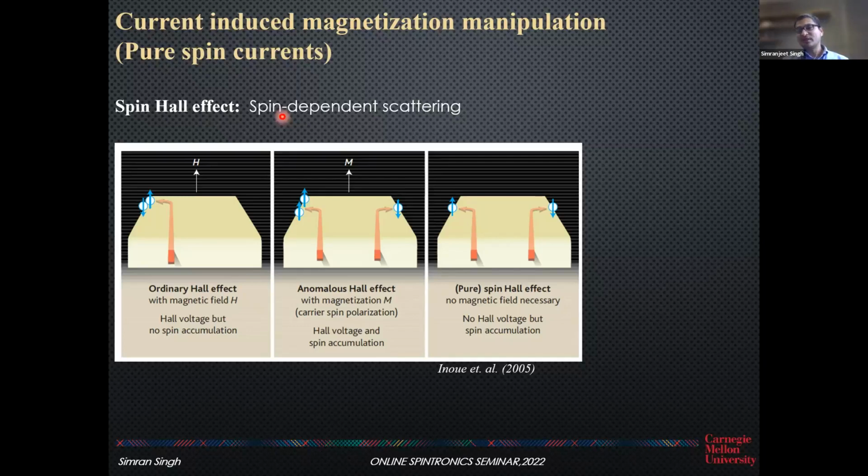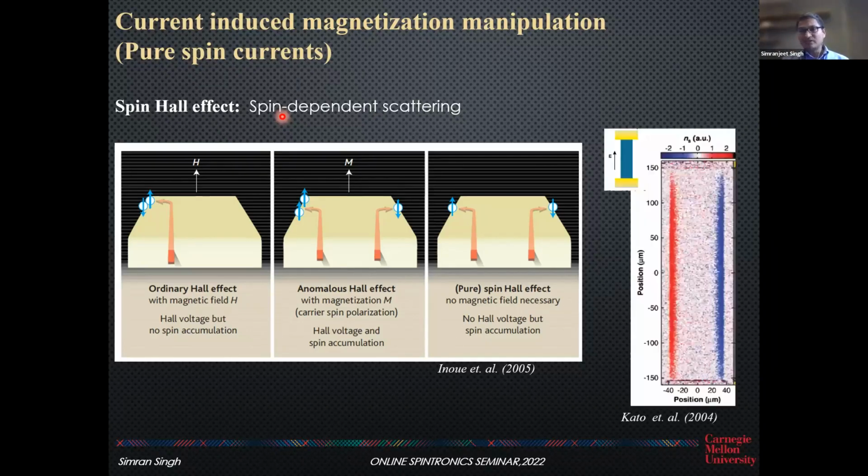That leads to filtering of spin up and spin down charge carriers. This phenomenon was observed experimentally a long time ago, and in the field of spintronics and magnetism, we use it all the time. A lot of work in this field uses platinum or tungsten or topological insulators, using the spin Hall effect in these systems.